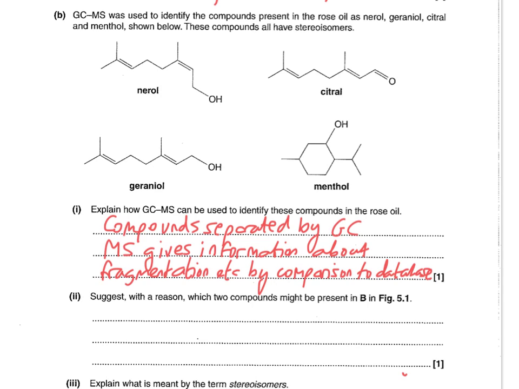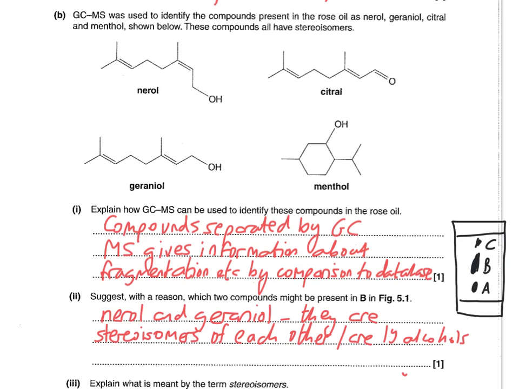If you fall into the trap of saying mass spectroscopy gives an identification of the compound, what you're doing essentially is ignoring the fact that infrared spectroscopy can give information about a compound and NMR spectroscopy can give information about a compound. So together they'd identify a compound, but GC just separates, and then MS gives information about fragmentation by comparison to a database.